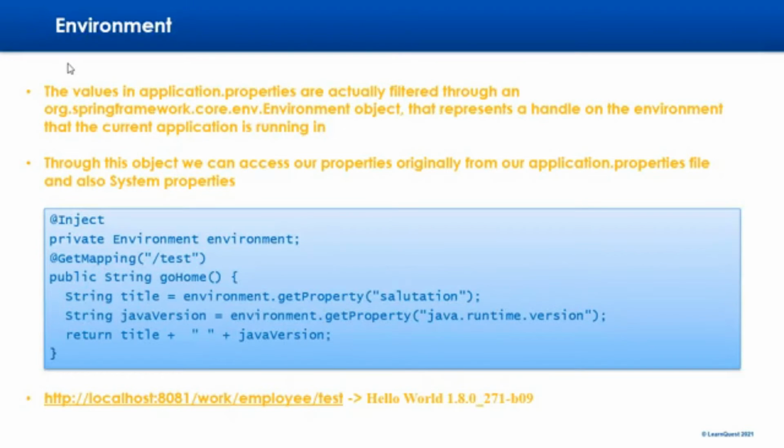I'm getting a system property such as the Java runtime version. It's pretty unusual to do this. We have the @value annotation that we saw previously, that we can inject in these properties using EL, and that would be the preferred way to do it.